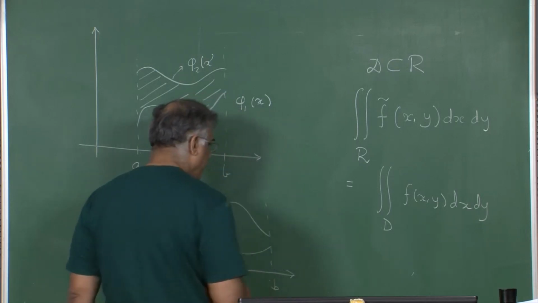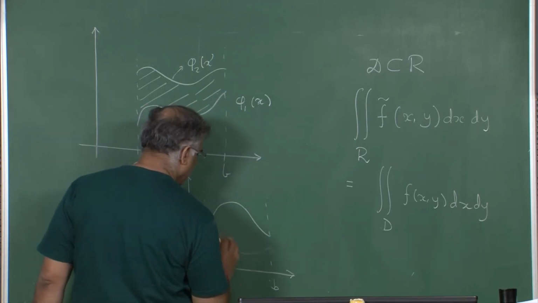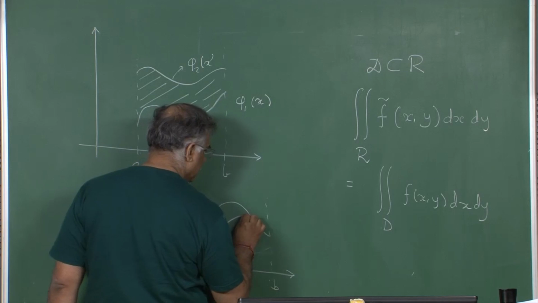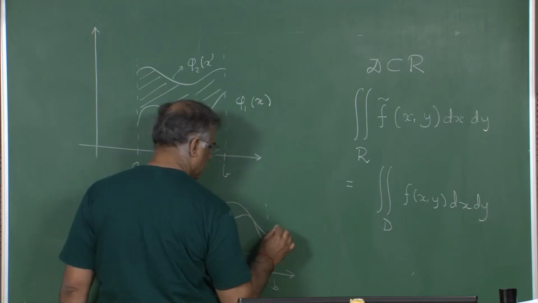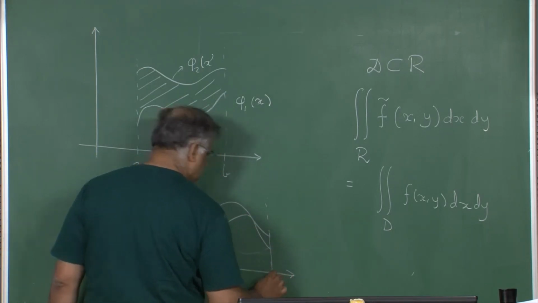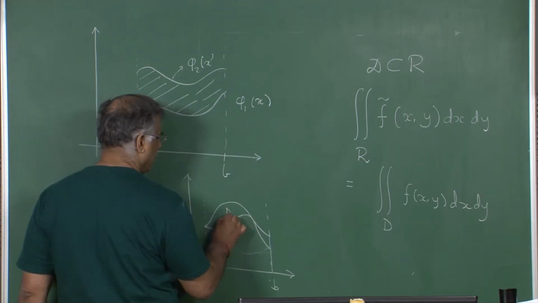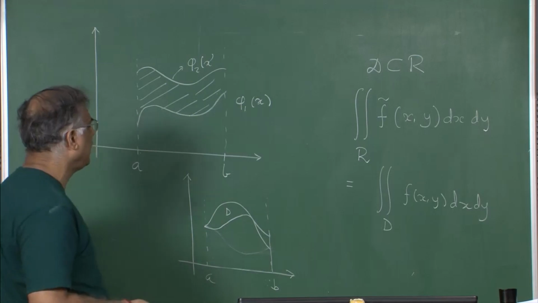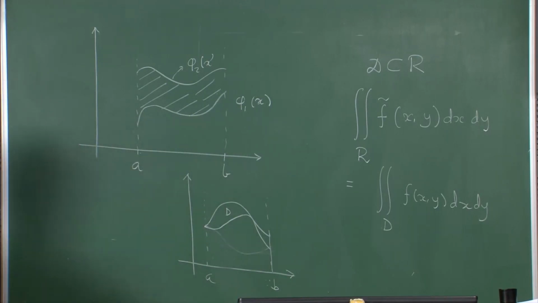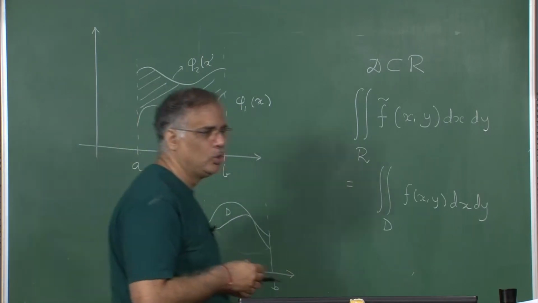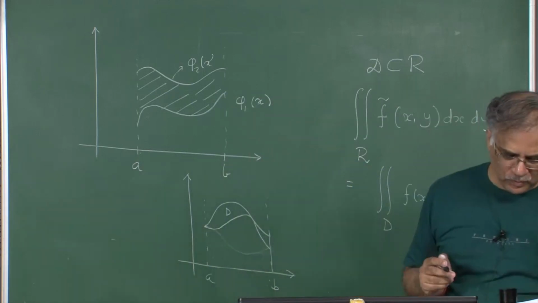Of course, it could be as bad as being like this. So, that is also domain D. Domain D of the type 1.